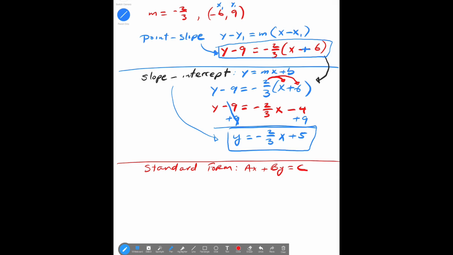We are going to use the slope intercept form and rewrite it as standard form. So let's reuse the slope intercept form: y equals negative 2 over 3 x plus 5.